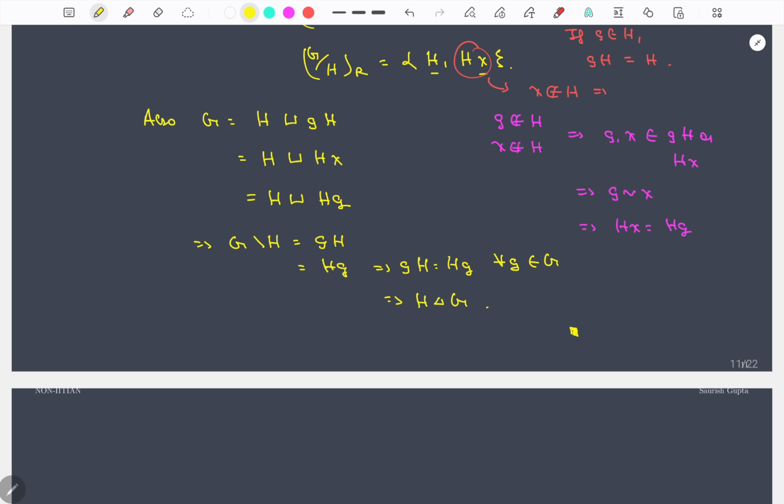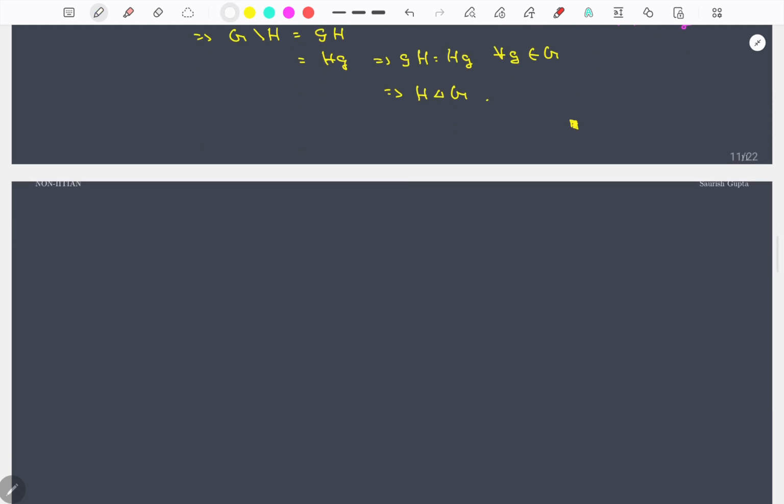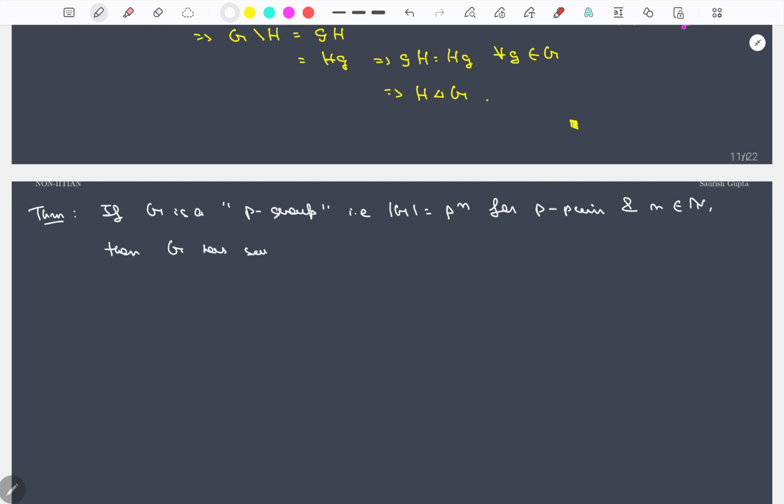A very important property of normal subgroups is the following. We're not going to prove it, but we're just going to state it. So theorem: if G is a p-group, so we will be getting involved into what p-groups are later, that is, the order of G is some p to the power n for p prime and n some natural number, then G has subgroups of order 1, p, p squared, all the way up to p to the power n.